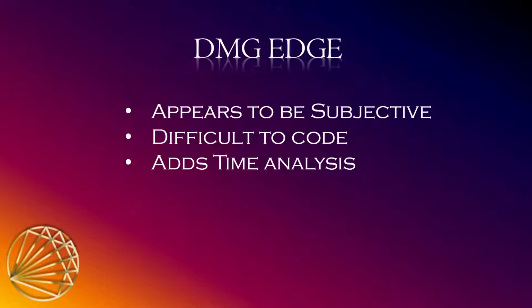Now, why is that? It's very difficult to code algorithms that use dynamic time and price ratios. Now, this scares a lot of traders away from market geometry, but they're throwing the baby out with the bathwater. This in itself gives us an edge in an increasingly algorithmic trading world.